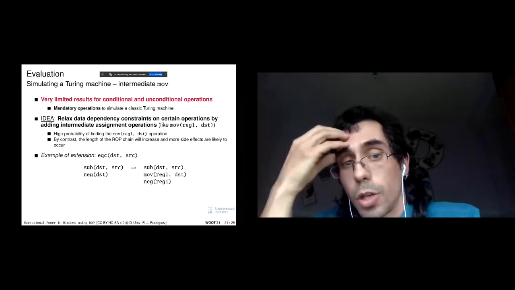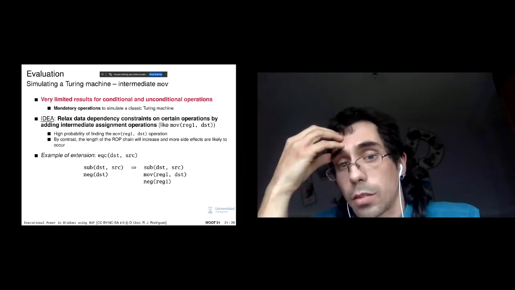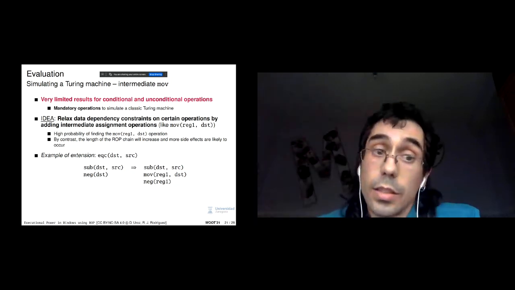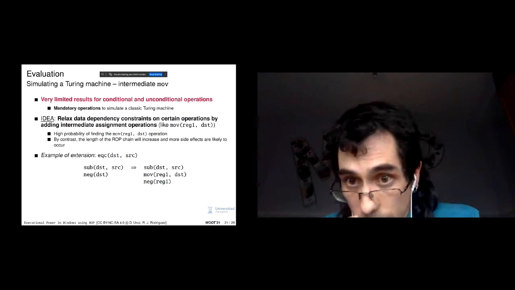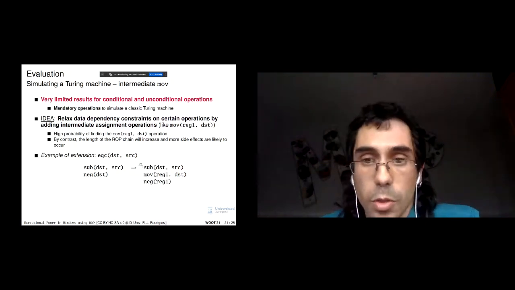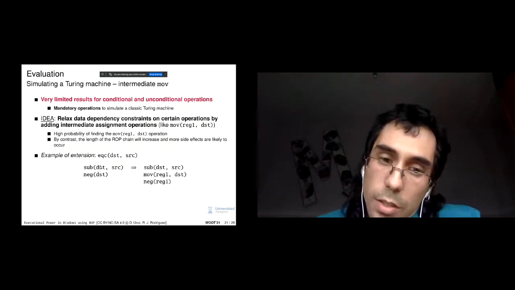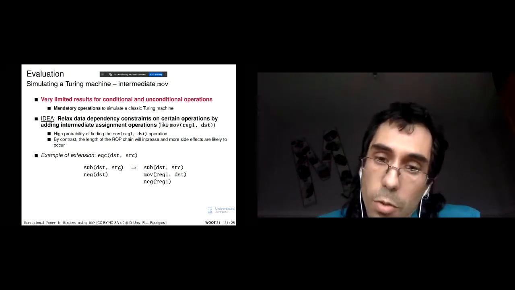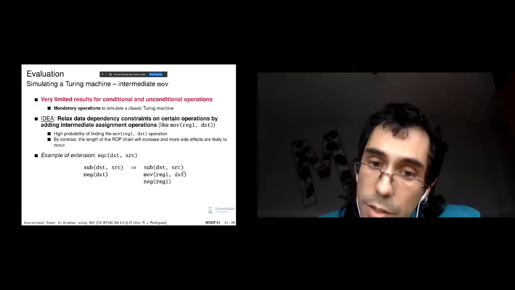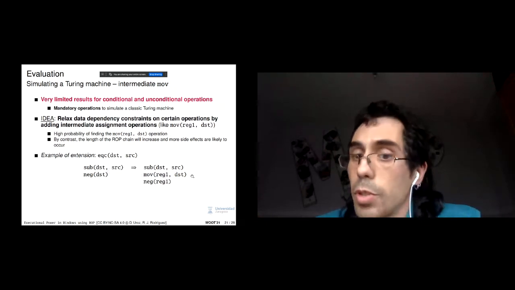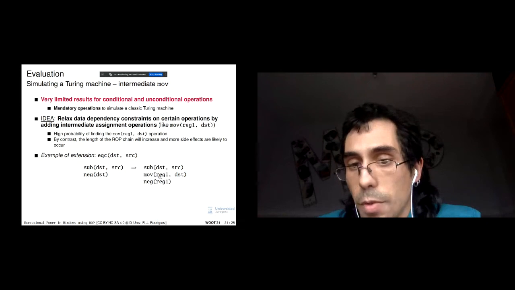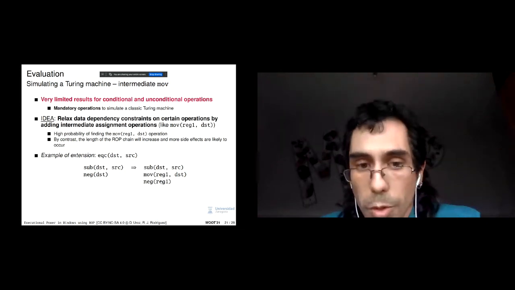Of course, this will also add more length to the ROP chain and is more likely to cause more side effects. For instance, consider that we have this as originally defined. If we add this intermediate register, we are increasing the probability of having more results.